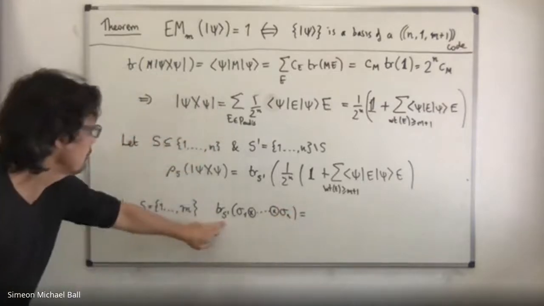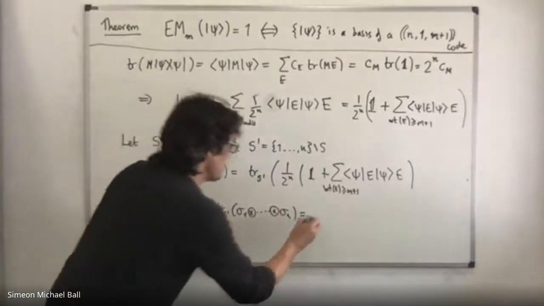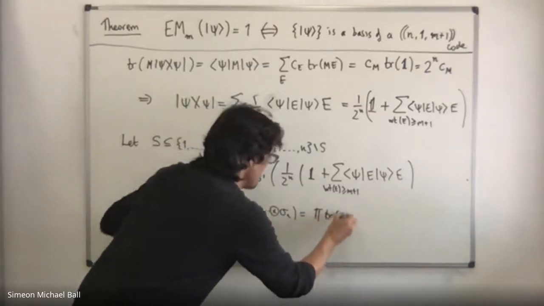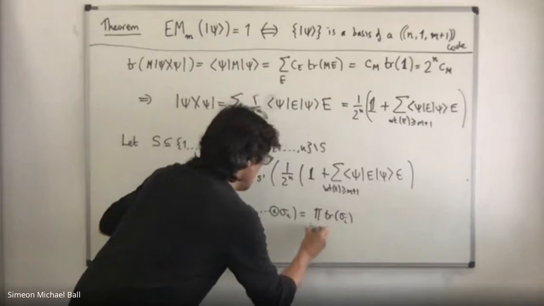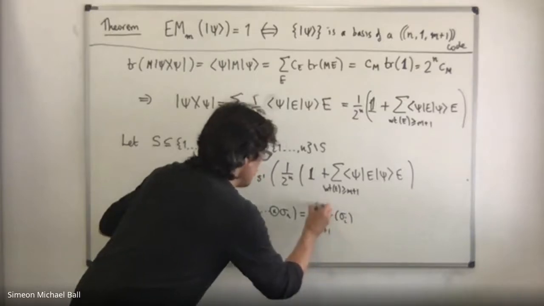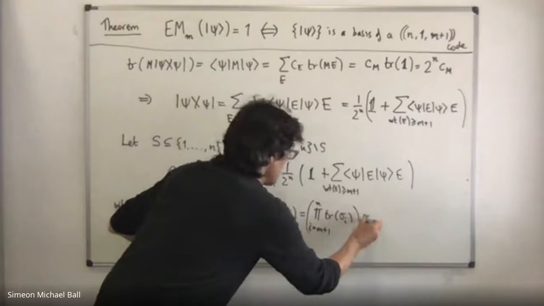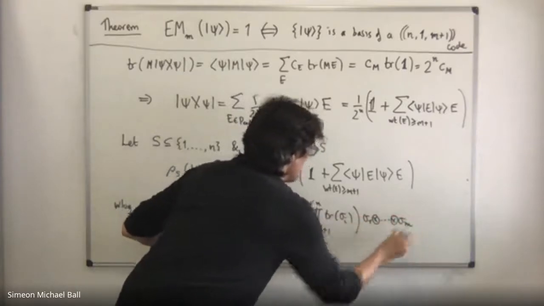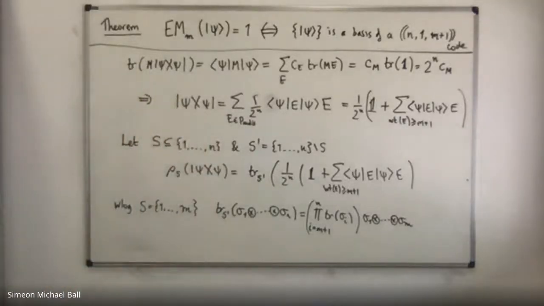If we're tracing out the n plus 1 to 2n systems, we're just going to get the product of the trace of sigma_i for i from n plus 1 to 2n, times the ones that are still left, sigma 1 to n.